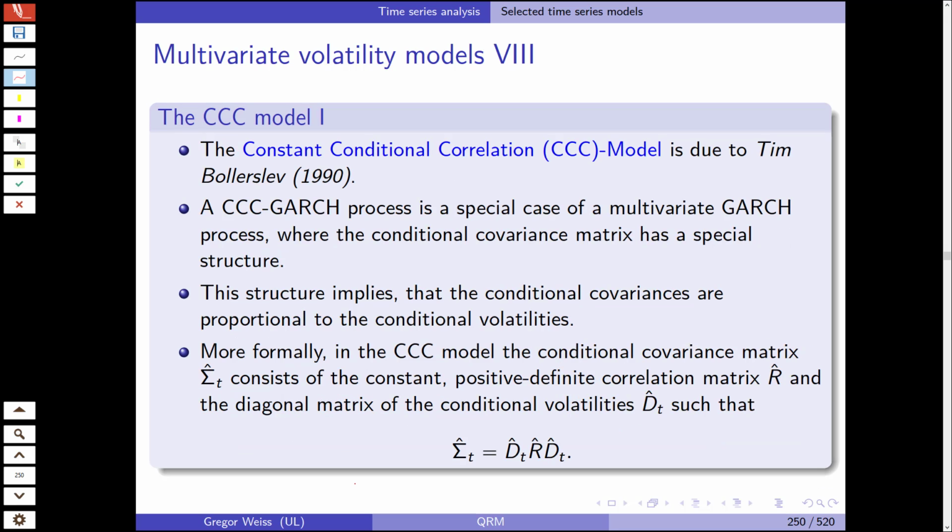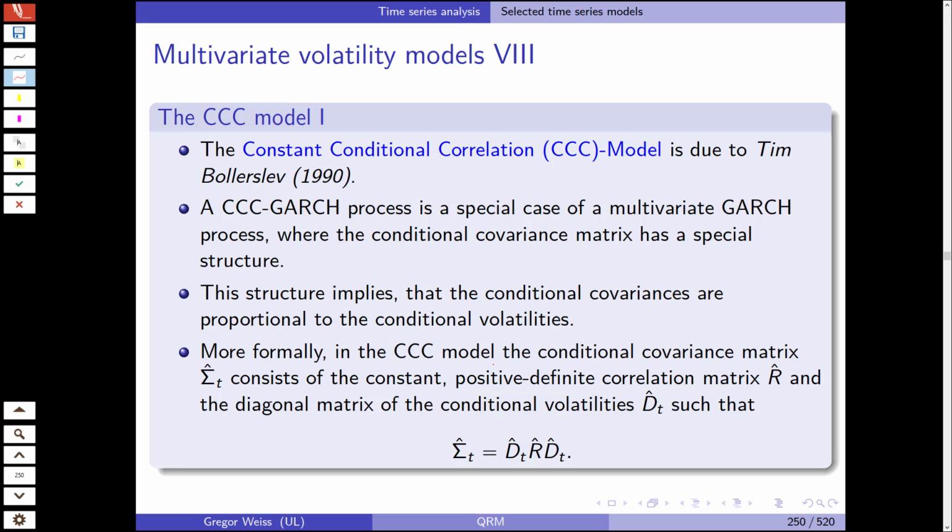Next, we want to look at the constant conditional correlation model from Tim Bollerslev from 1990. It's a CCC GARCH model. It's a special case of a multivariate GARCH model where the conditional covariance matrix has a very peculiar structure, and the structure implies that the conditional covariances are proportional to the conditional volatilities.